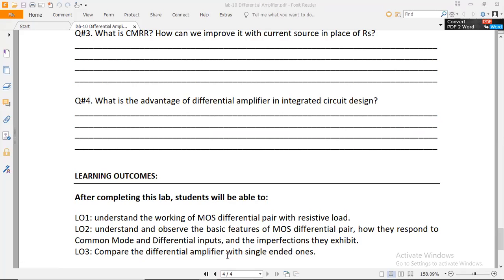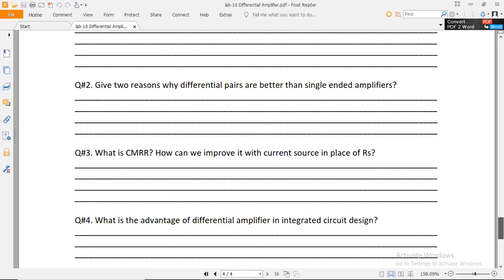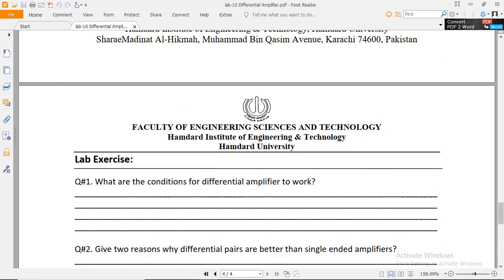Compare the differential amplifier with single-ended ones. Same scenario: there are 3 modes in which the differential amplifier can work: single mode, differential mode, and common mode. We already discussed these 3 things in this lab, and this is the answer to question number 1.